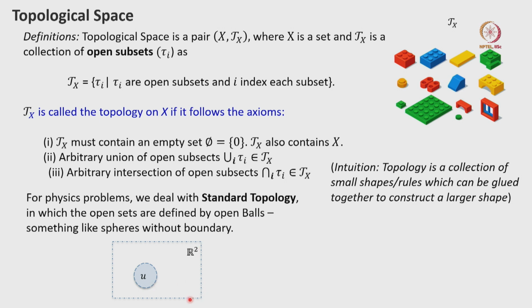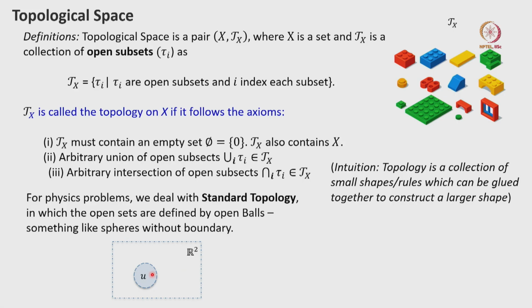So, R2 is a set of all these real numbers, and I am giving a topology. For every point there is a neighborhood that is open. That open subset means I am including all points inside this set, but not the boundary elements, and that is how an open set is defined. Okay. So, I can give one or I can give many, and we will see those examples.